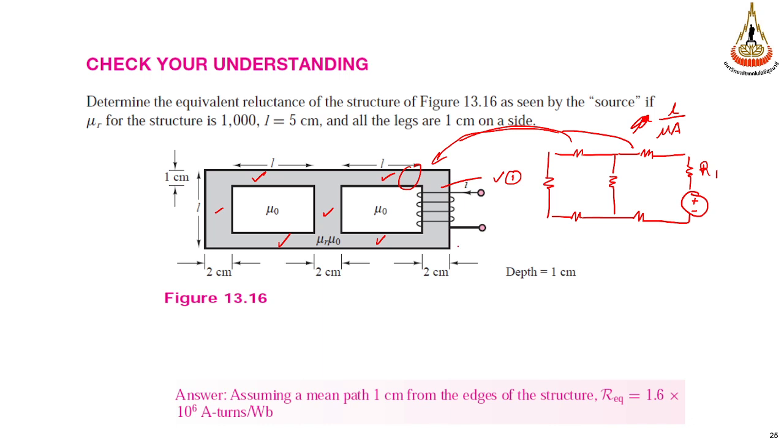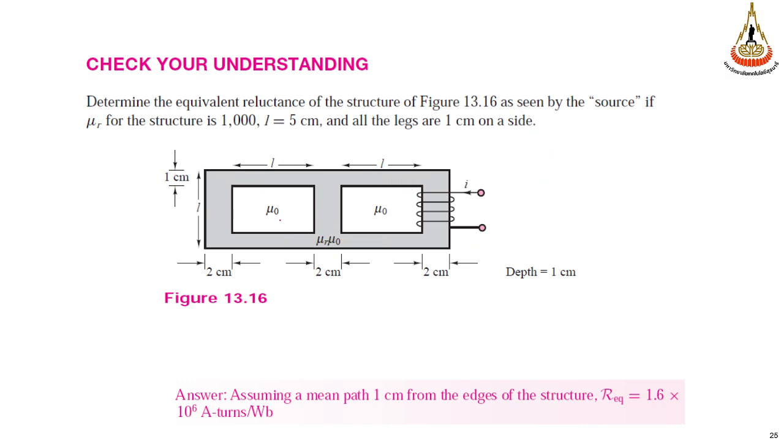So this depth is also 1 centimeter. You get the mean path first. This is the mean path for the length L. Here L is 5 centimeter. This is 2 centimeter, this is 5, this is 5, this is 2, this is 1.